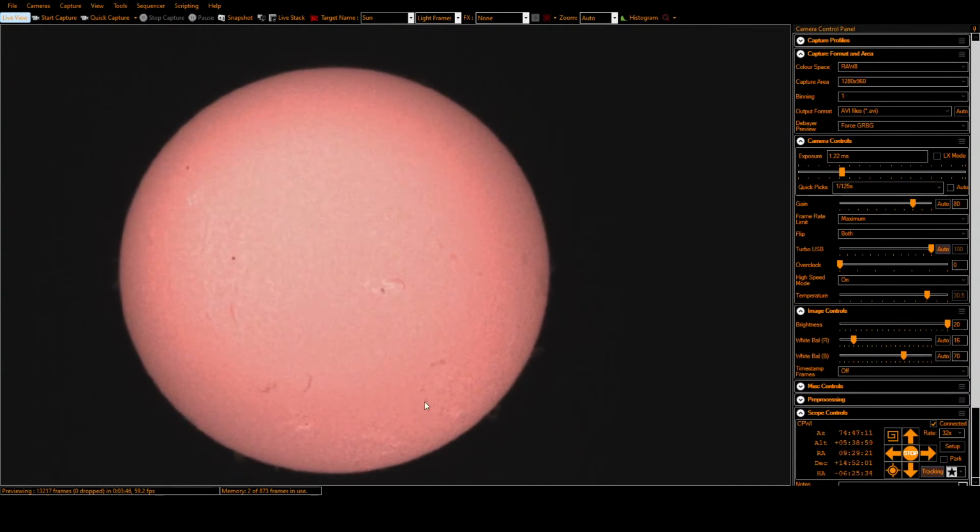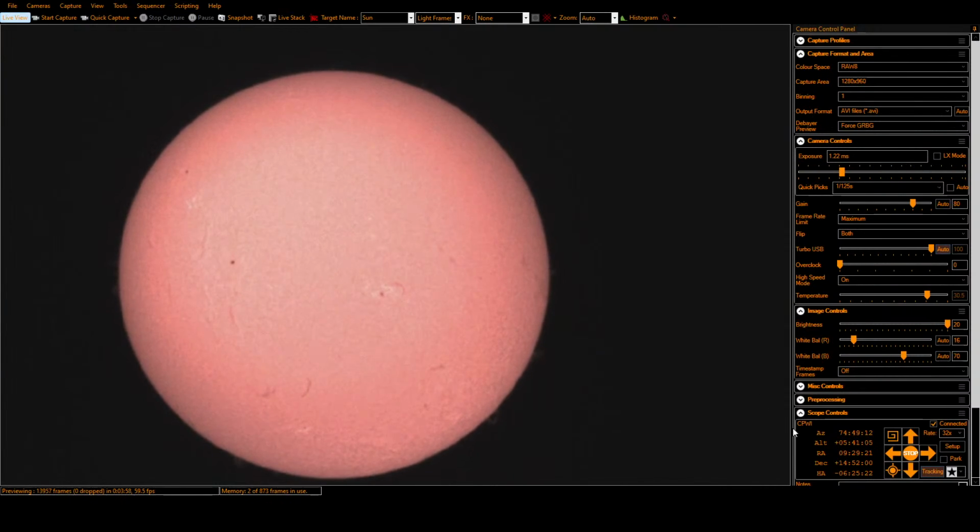They are hydrogen alpha as well. And these little filaments are effectively solar flares shooting out of the sun, but we're looking at them straight on as opposed to at the edge of the sun.